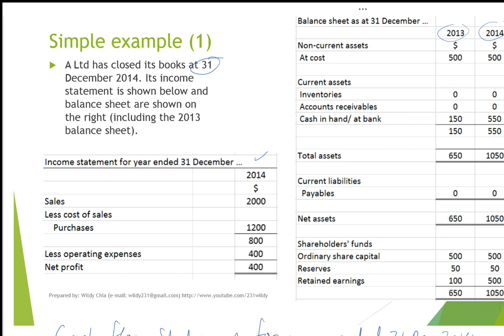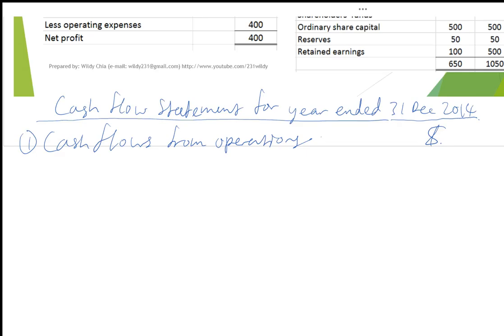Right, in this case, there are sales of goods. There is no change in receivables, so that's fairly simple. So that means the collections for the period must have been 2000. Right, so the collections from receivables or cash sales is 2000.